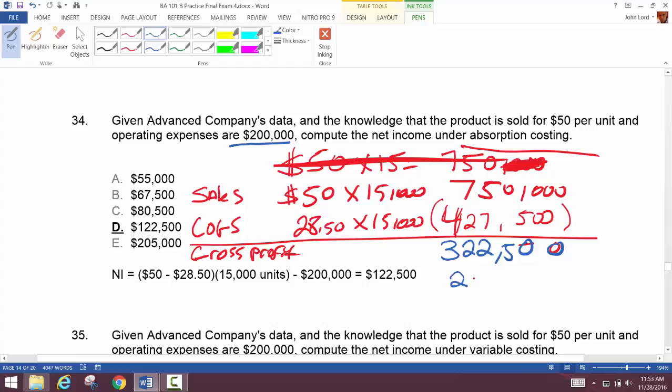So if my operating expenses are 200,000, I guess this company didn't have any non-operating costs like interest or anything. Frankly, they should have been more careful and not just called it net income. They probably should have called it operating income, but that's okay. I won't yell at them too much for that. That's what, 122,500? Okay, good.